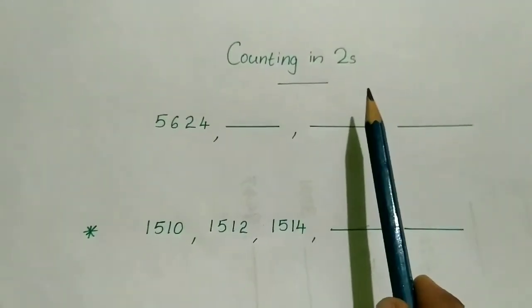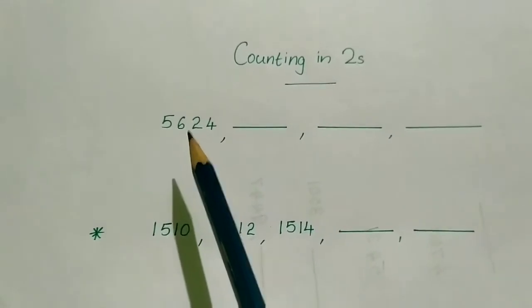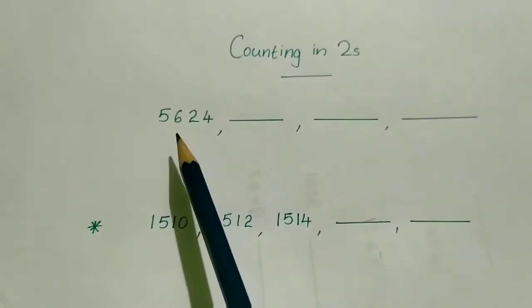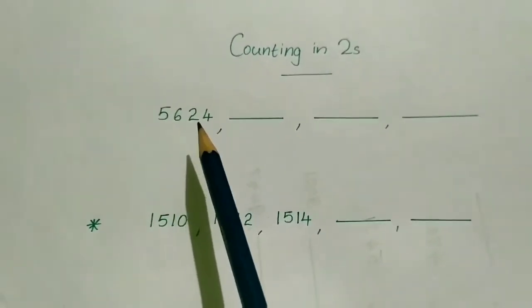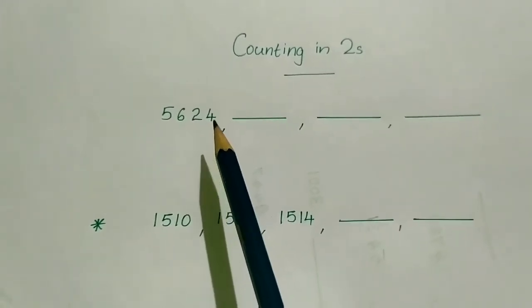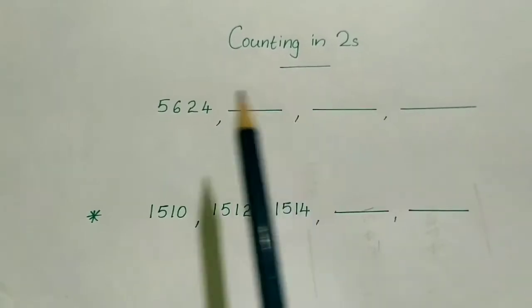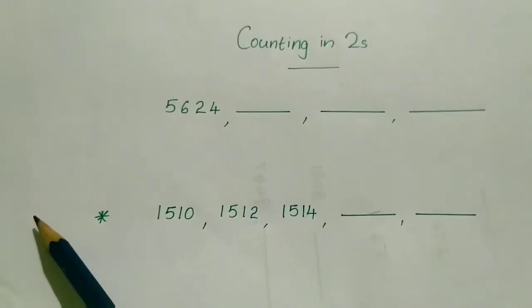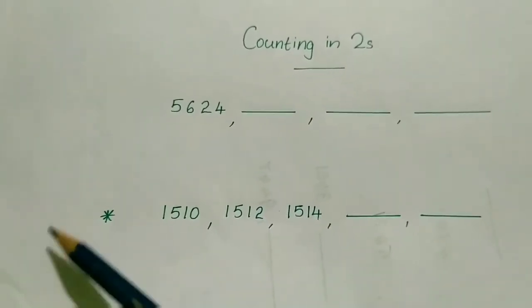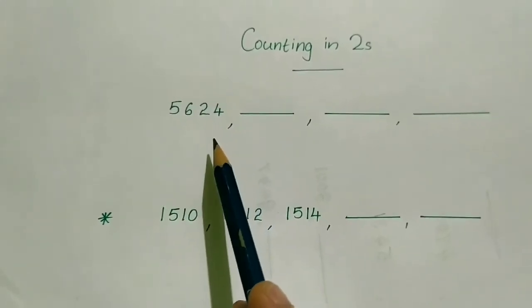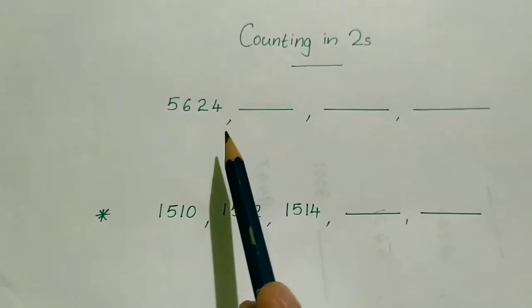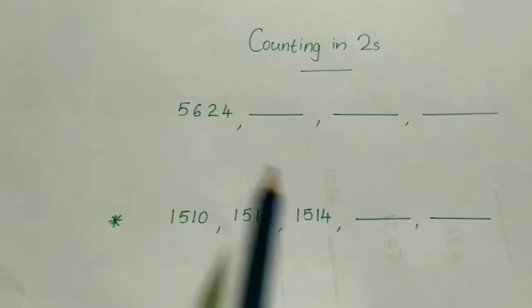Counting in twos. For that, we will take a number. The number is 5624. We have to find the next number using skip counting in twos. One method is we simply add 2 to this number, then we can get the next number.